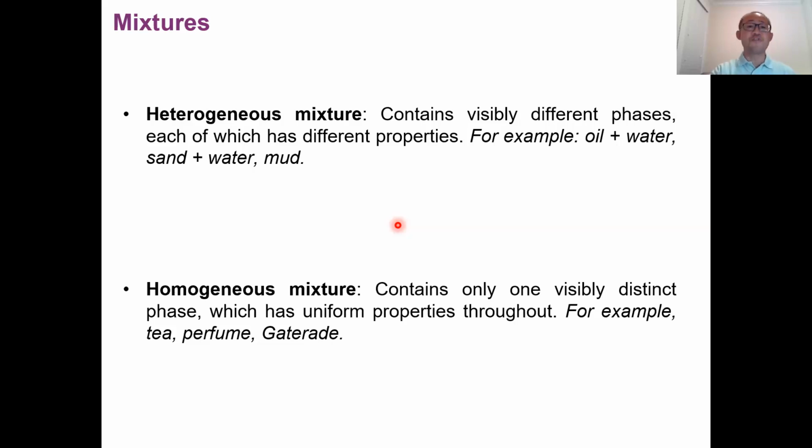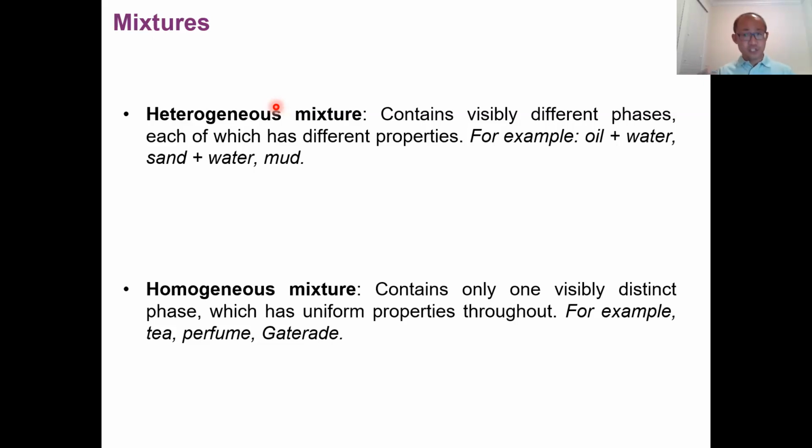And then we further classify mixtures into two types based on appearance. If the mixture shows different visible phases, such as water and oil, or sand and water, or mud, they have different phases, not uniform. We call those heterogeneous mixtures.